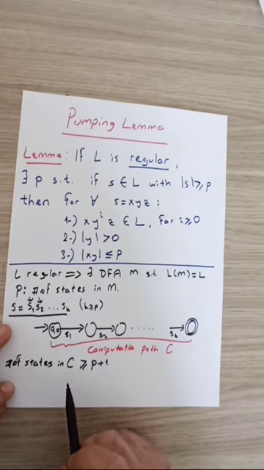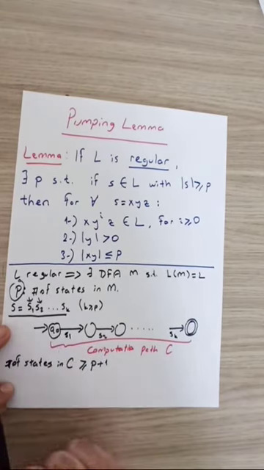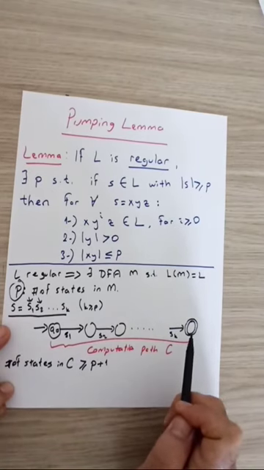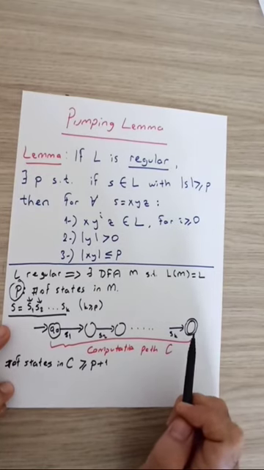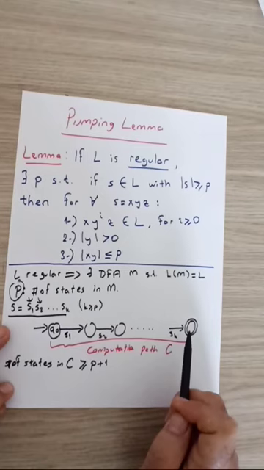We know that p stands for the number of states in our machine, and on this path there are more than p states, which implies that by the pigeonhole principle, at least one of the states on this path should be repeating.